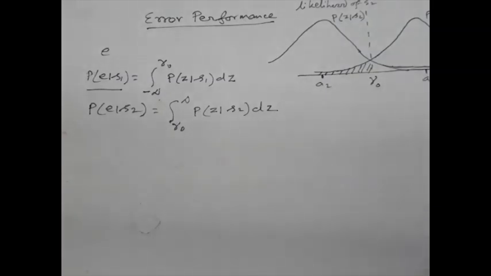Now, the probability of an error is the sum of the probabilities of all the ways that an error can occur.